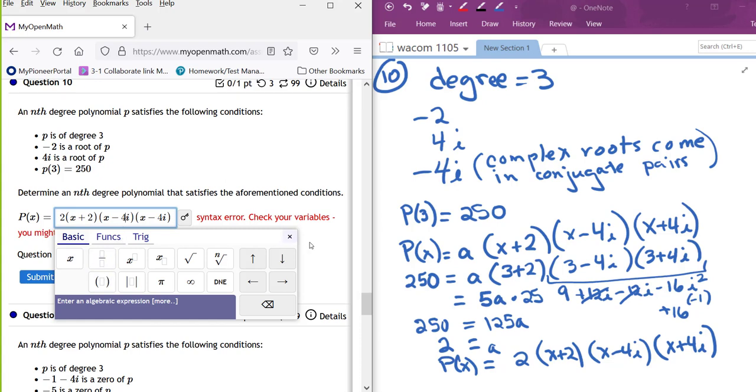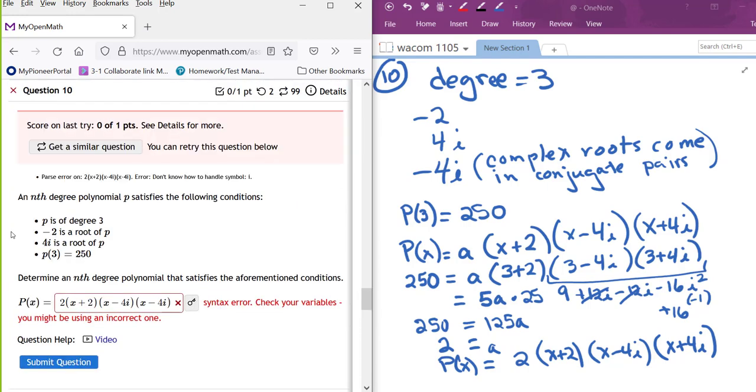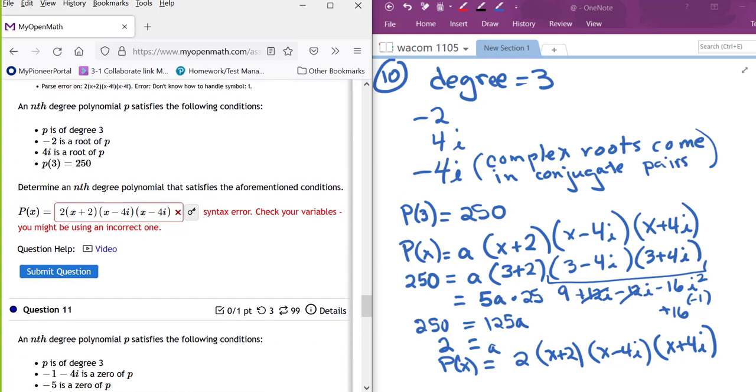Okay, it didn't give me an i on here, so it's probably going to scream about that. I get 3 chances, right? Okay, so on this one with the i's, it's not going to take that form.